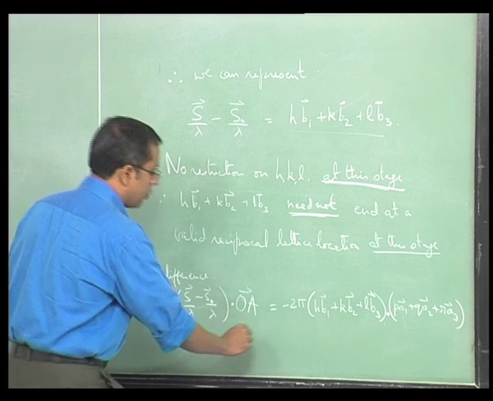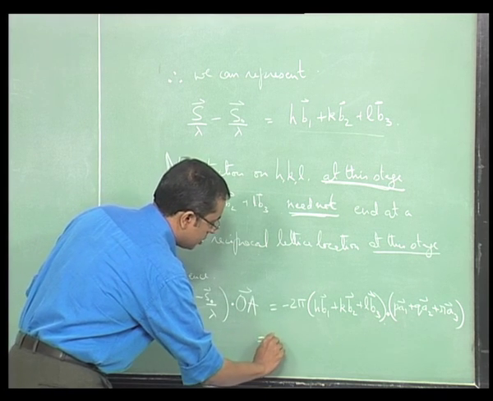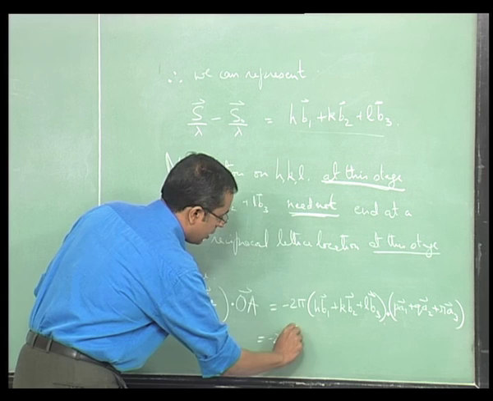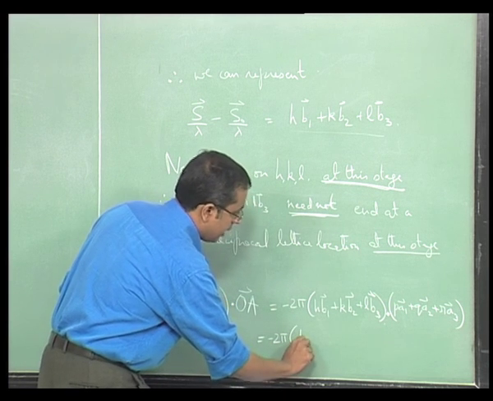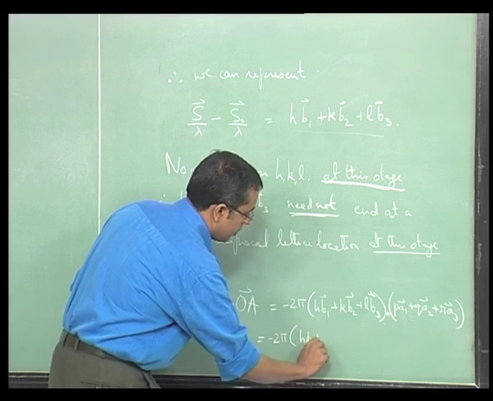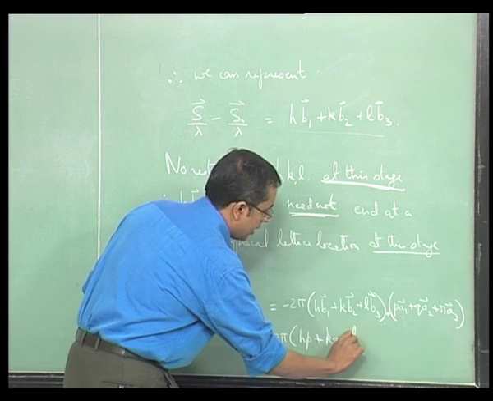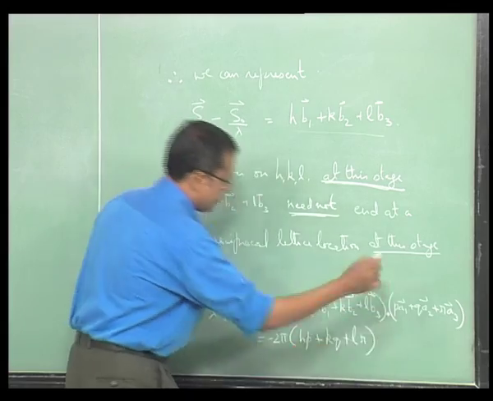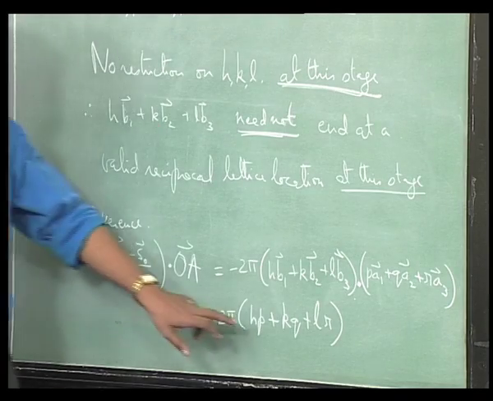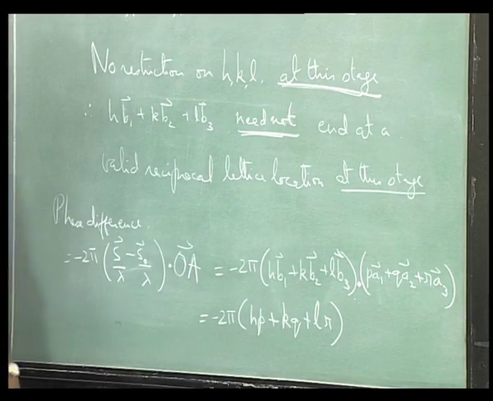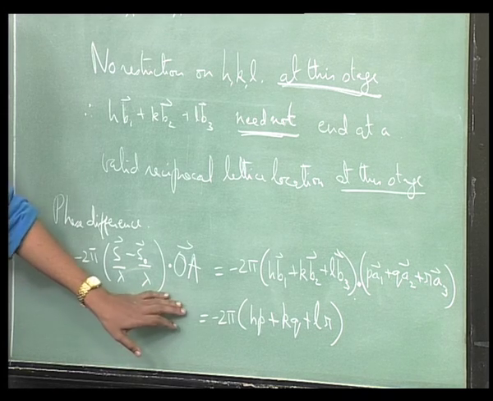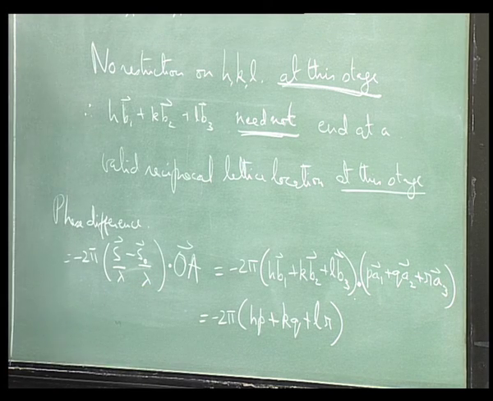So if you do take the dot product, this is equal to minus 2 pi times HP plus KQ plus LR, this is what we get, of which P, Q and R are integers, H, K and L could be anything. Now for constructive interference, we have this phase difference.